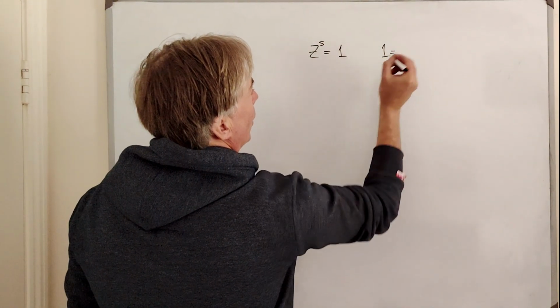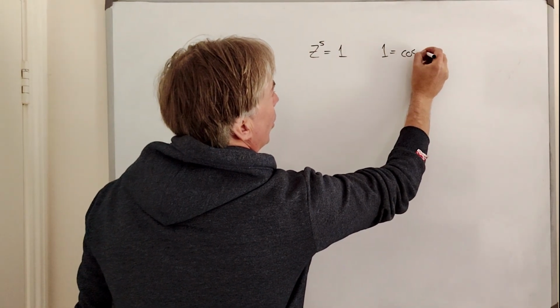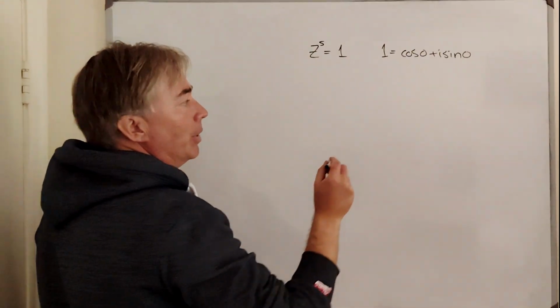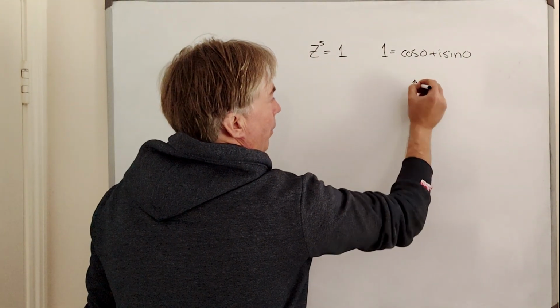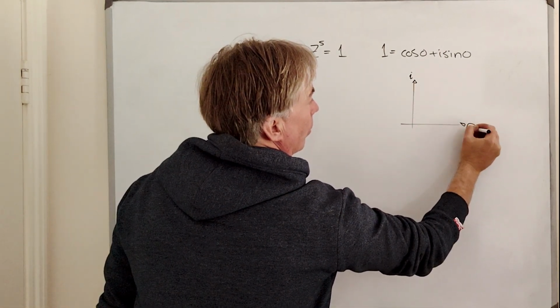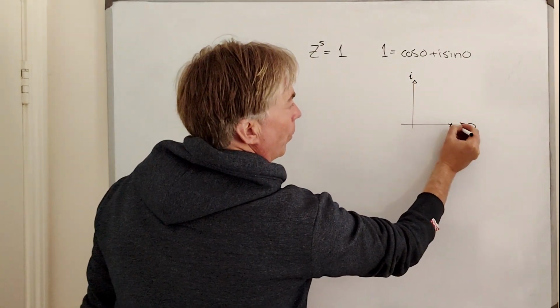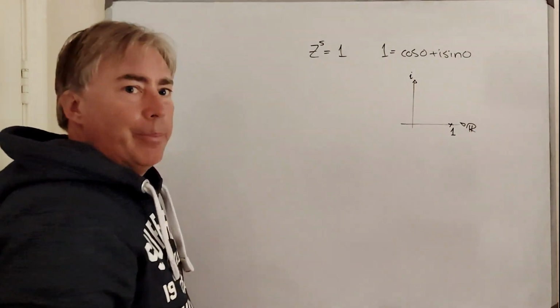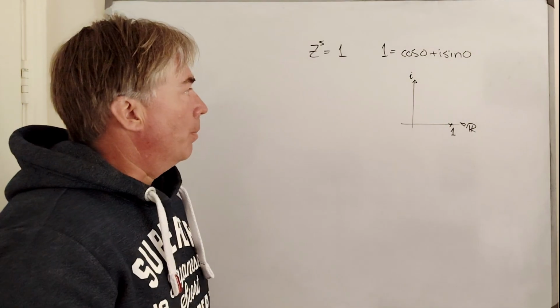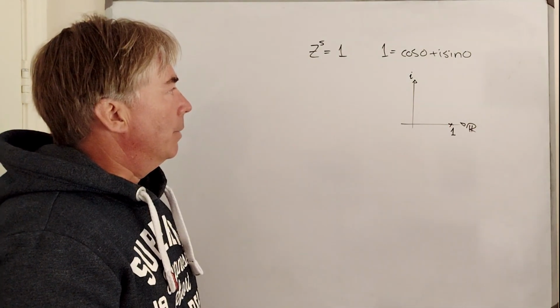So I'm going to write 1 as cos 0 plus i sin 0 on the Argand diagram. If we were to have our imaginary and real axes, that would put 1 right where you expect it on the real axis, with no imaginary component.